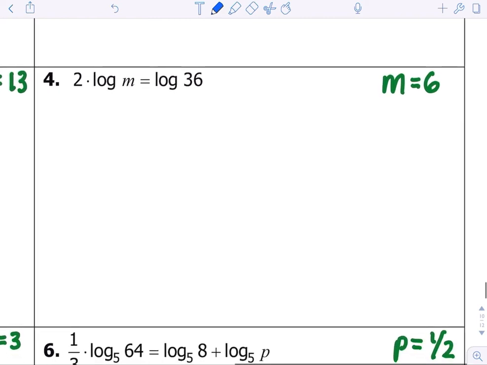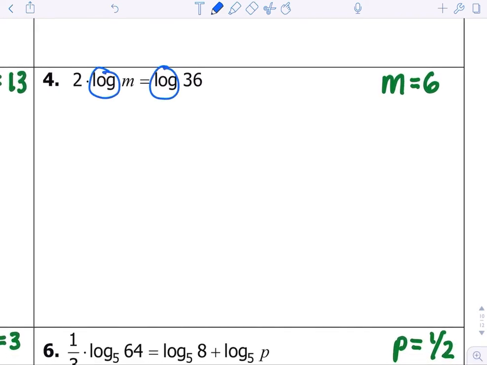Number 4. So remember, you need a log and a log on both sides, but this 2 cannot be there. There can not be any coefficients in front of the log. So we have to use the power rule to move the 2 to be a power. So we're going to get log of m to the second equals log of 36. Now we have a log on the left with no coefficients and a log on the right with no coefficients.